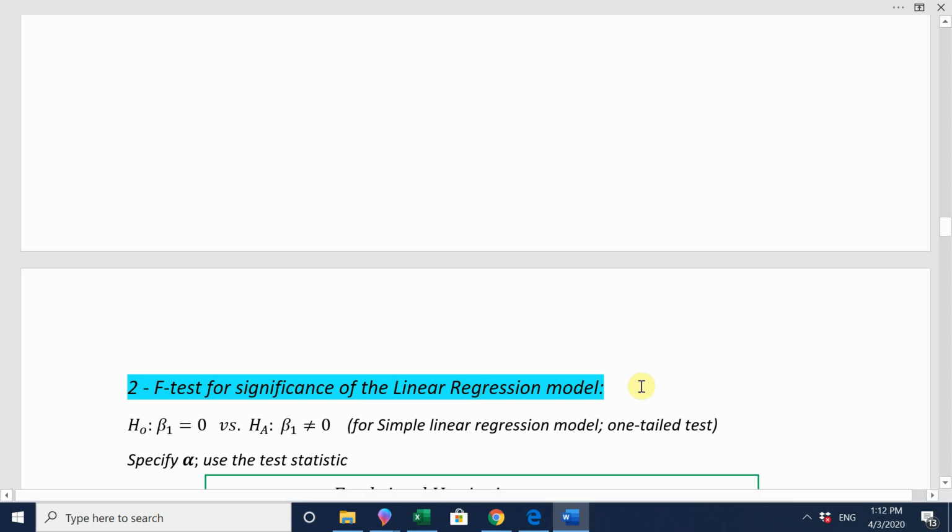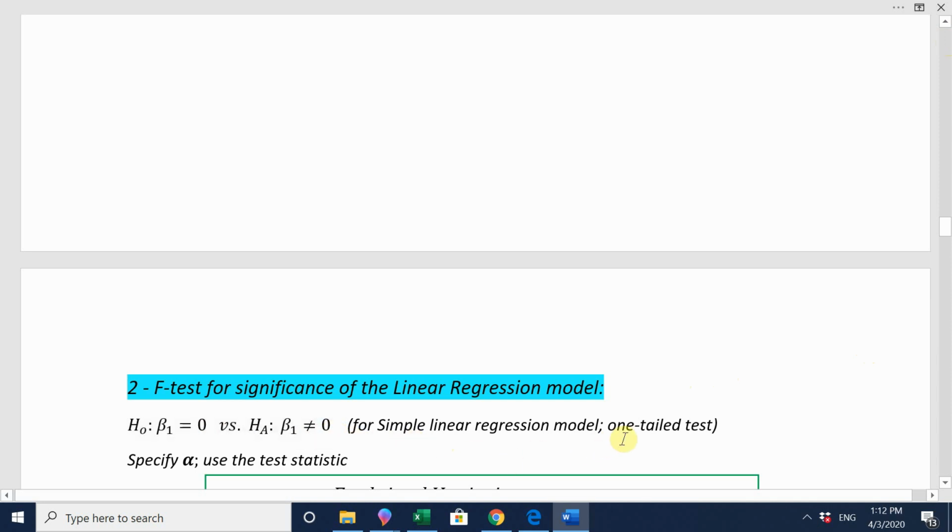This test really becomes useful when we start to look at multiple regression models. For the moment, this F test is pretty much doing the same thing that the first test did for testing the slope for beta 1. As you can see, the null and alternative hypotheses are stated in the same way as before.